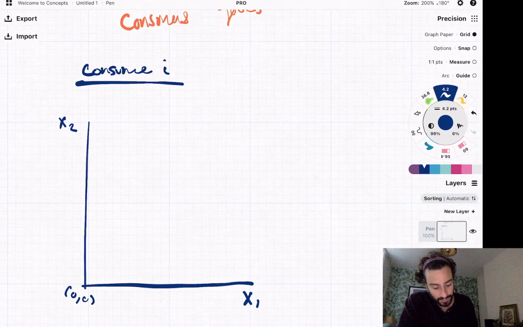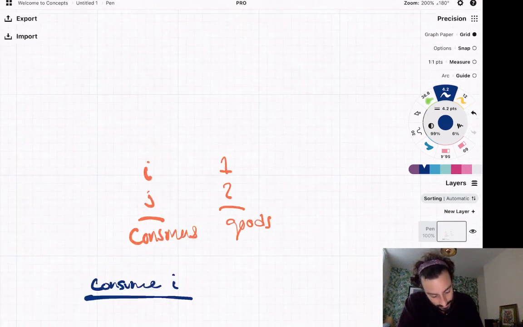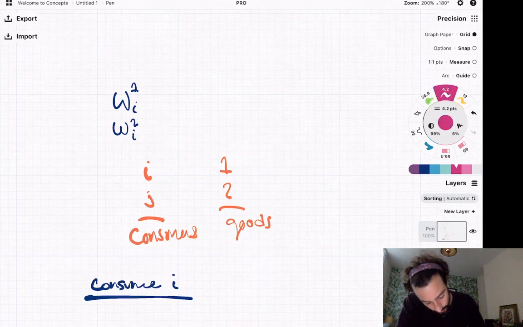Now, we have some endowments: the endowment of consumer I in good 1, consumer I in good 2, consumer J in good 1, and consumer J in good 2.